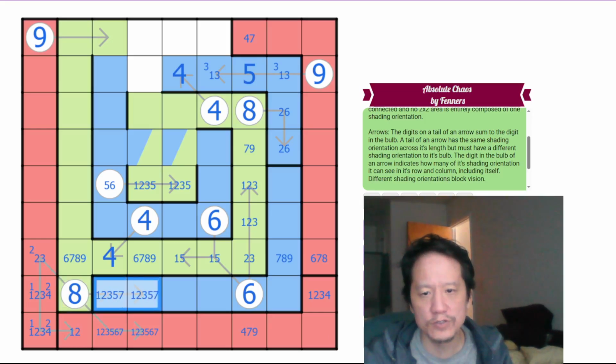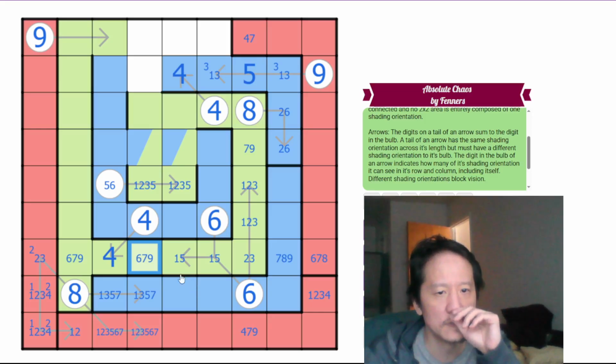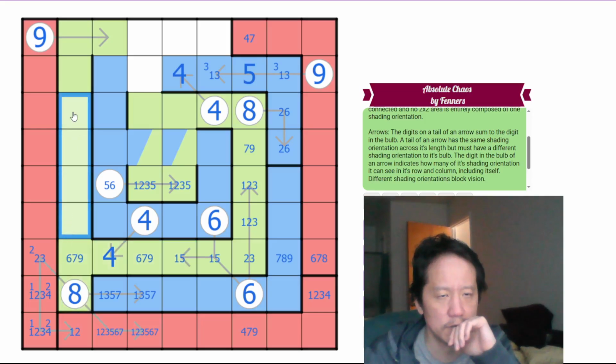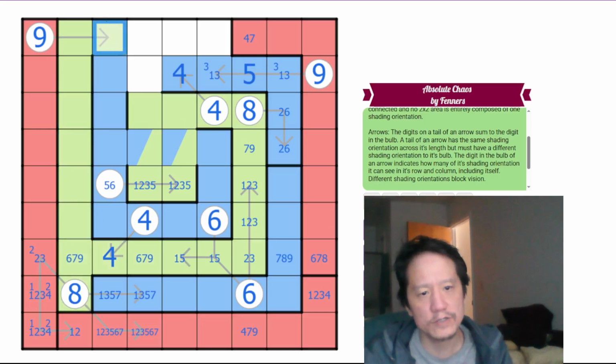It cannot be 2 then. 2 and 6. This is 8, so this can't be 8. This can't be 8. This must all be part of this region. 1 and 2 has to be here. This is 7 or 8, but it can't be 8.